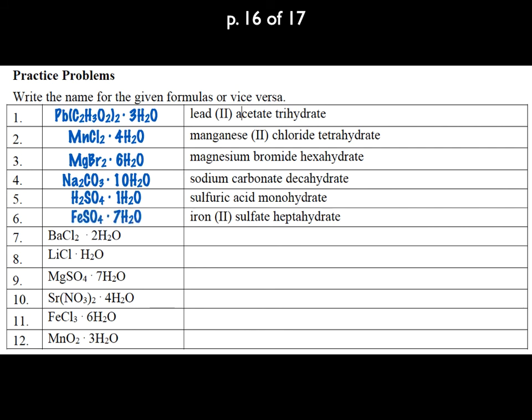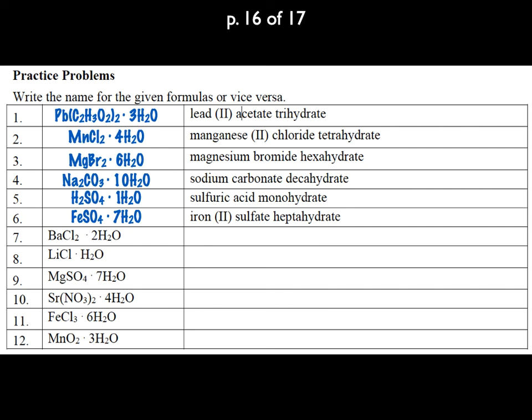And iron 2 sulfate heptahydrate is FeSO4·7H2O. As I stated at the beginning, the only difference between these and the ionic compounds, and in this case sulfuric acid, acids that we've done, is you need a dot and the number of H2Os, and you use the metric prefixes as the number for the hydrated part.